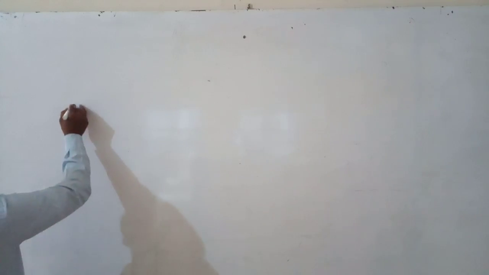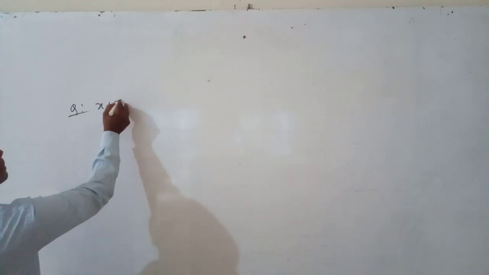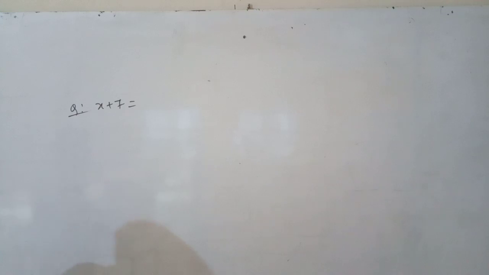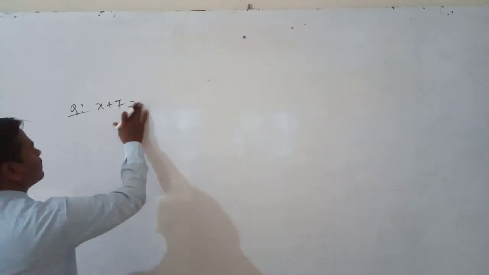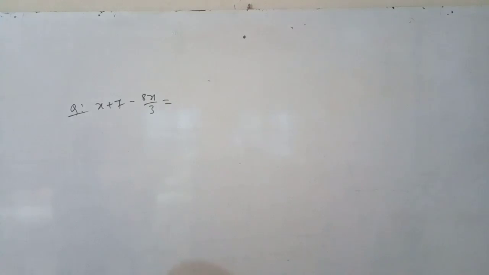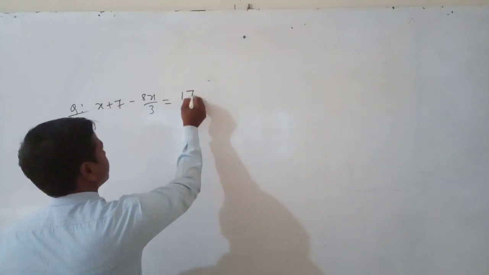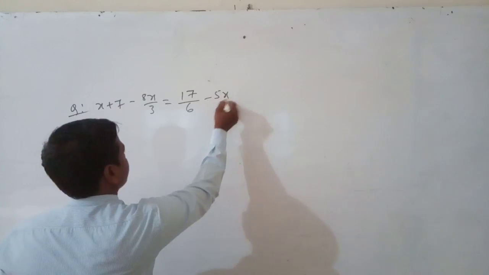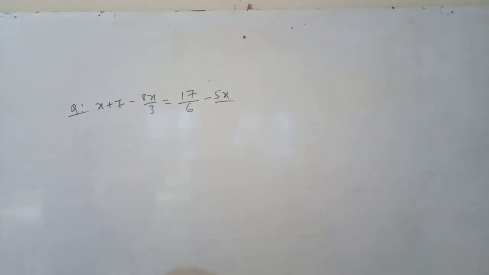Okay, next question is x plus 7 minus 8x by 3 equal to 17 by 6 minus 5x by 2.